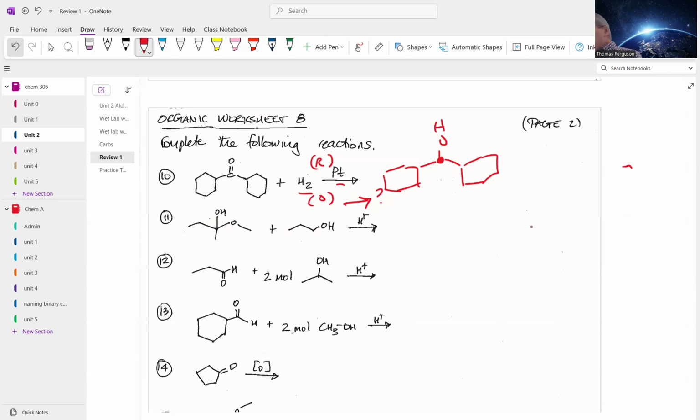Remember, for oxidation to occur, we have to lose that hydrogen. When reduction occurs, we add the hydrogen back in. So now we have a hydrogen right there on that carbon. Ketones have no hydrogen there, and oxidation is the loss of hydrogen.